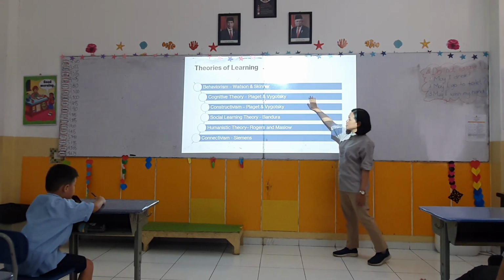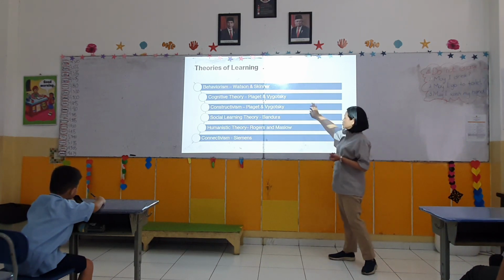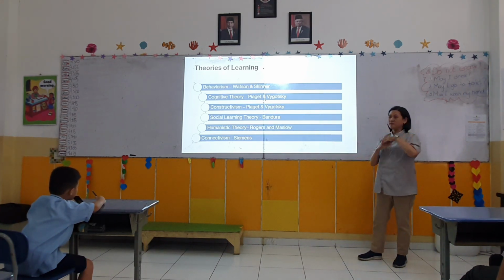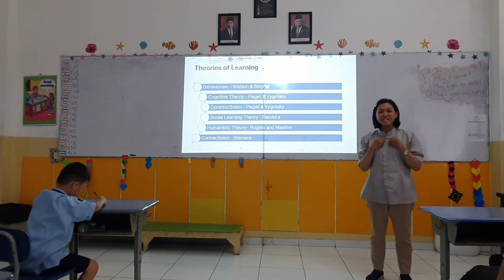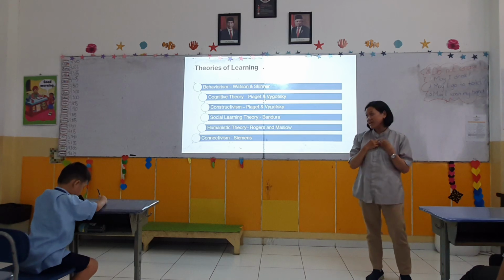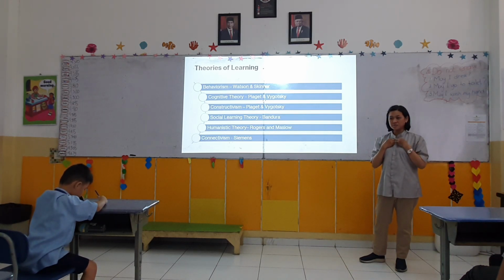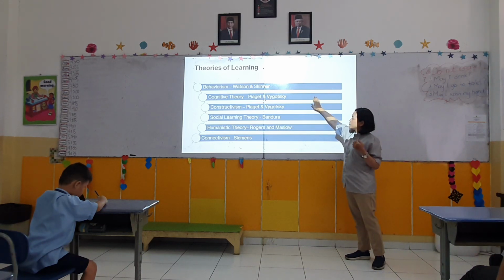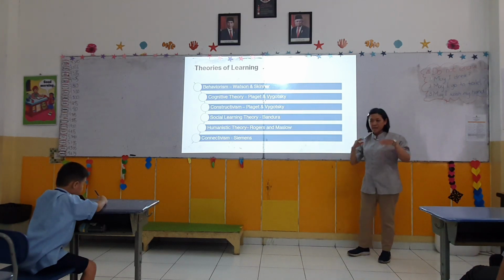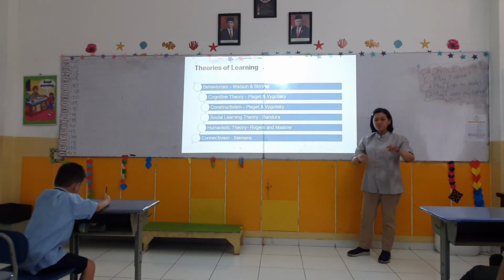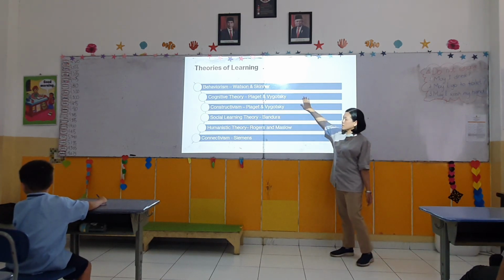And the cognitive theory disagrees with that. They think that we all have something innate, something we have since we were born, so you can develop that even without the stimuli from the environment outside of you. That is the cognitive theory.